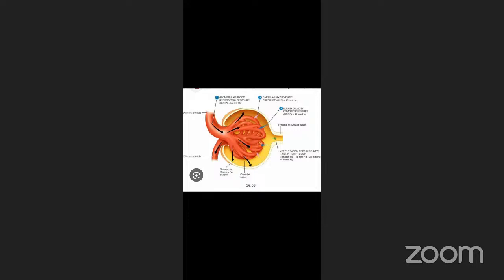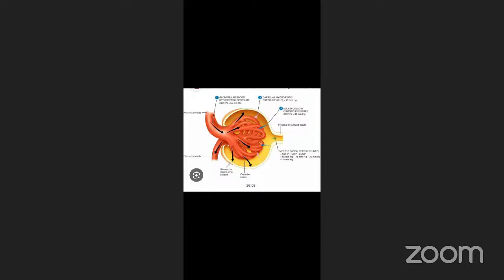Somebody says nutrients, metabolic waste, mineral salts, vitamins, amino acids, water and urea, glucose, sodium chloride. Yes, glucose, amino acids, vitamins, urea, sodium chloride, water.